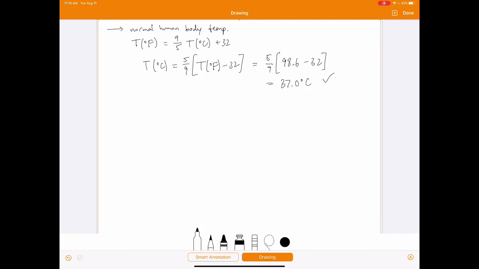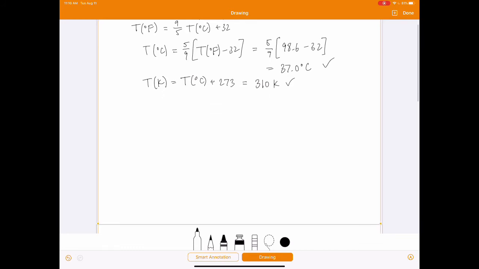Okay, now we can also solve for this in the Kelvin scale, because we know that the temperature in Kelvin is just the temperature in Celsius plus 273. Okay, so just add 273 to what we just calculated there, and you will get 310 Kelvin. Okay, so that's normal human body temperature in those other two temperature scales.